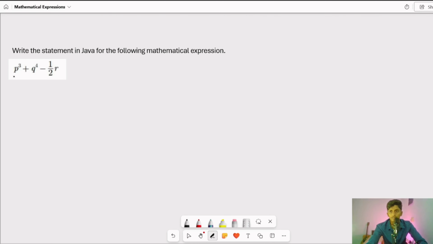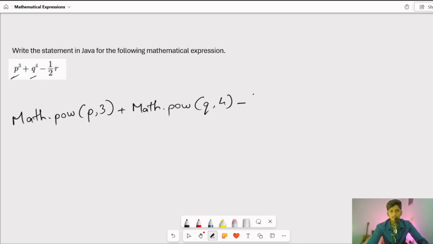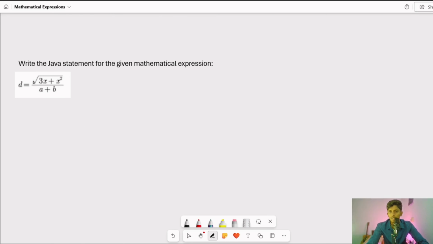Next question, here p cube and q power 4, that is Math.pow of p comma 3 plus Math.pow of q comma 4 minus 1.0 divided by 2 into r. Next question, here we have the square root and also the square.